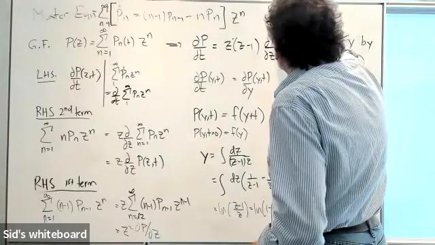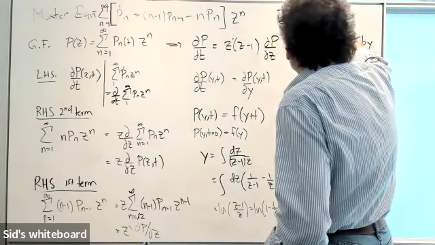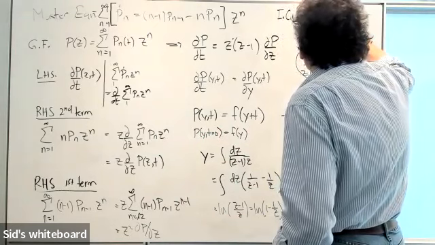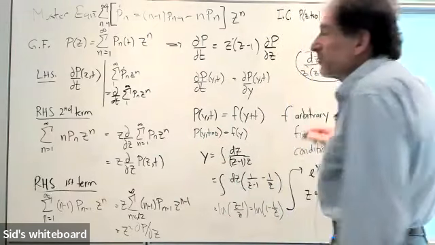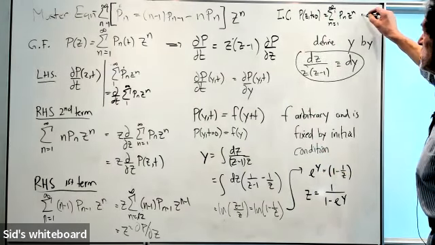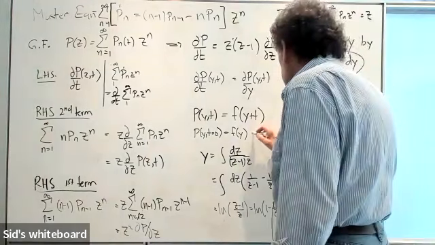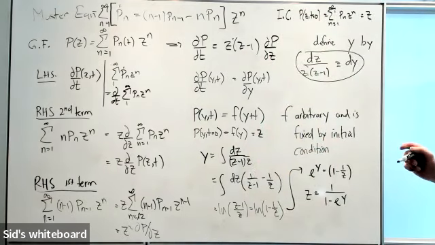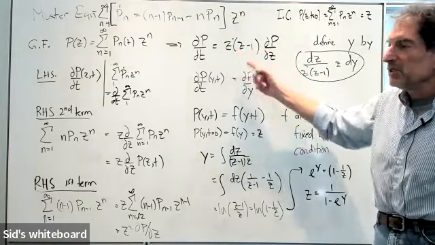So the initial condition, P of z and t equals 0, is equal to the summation n equals 1 to infinity of p_n z to the n. But the only term which appears in the sum is the n equals 1 term, and then I just get z. So the initial condition is z. But now here's a bit of a problem, which is that we've transformed from the coordinates z, t to y, t.